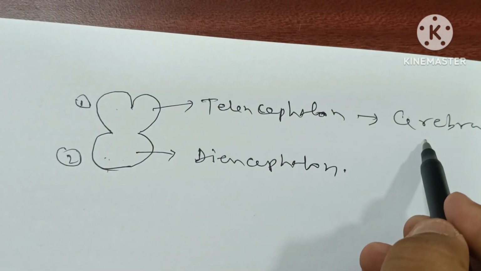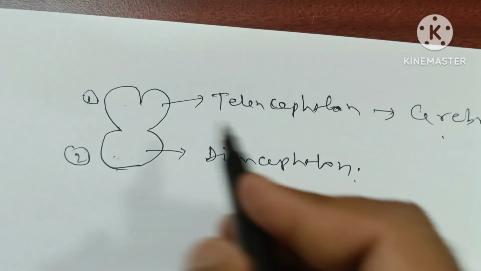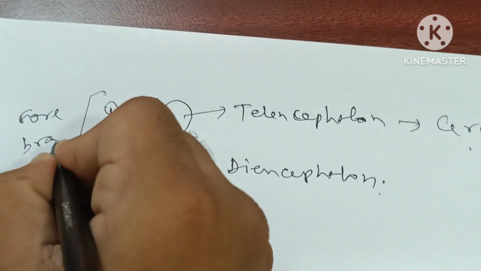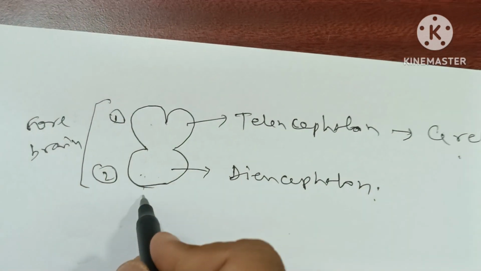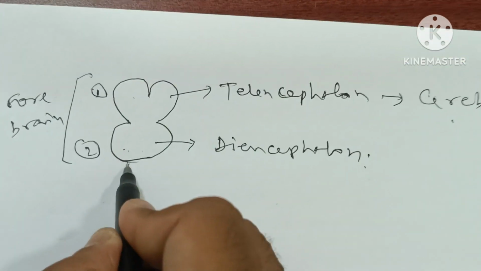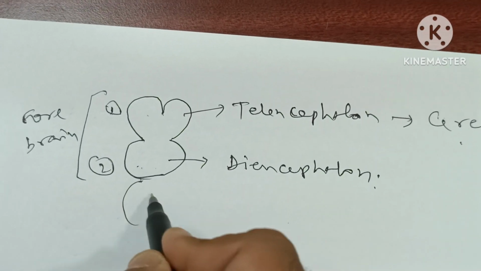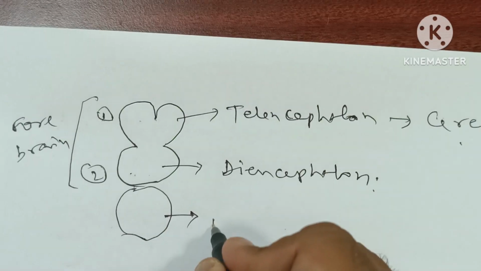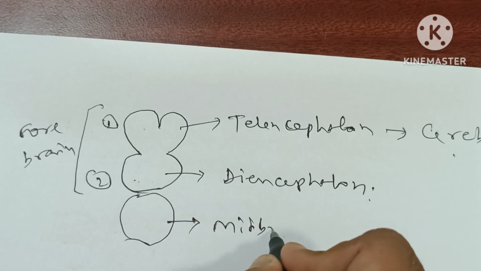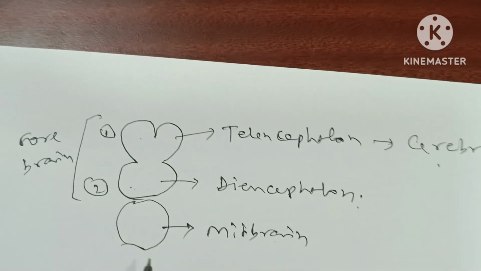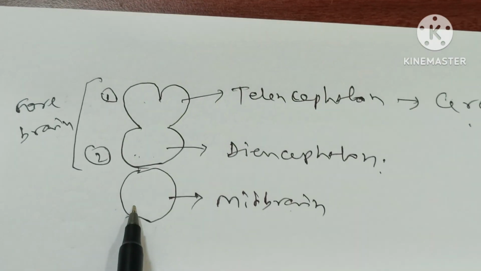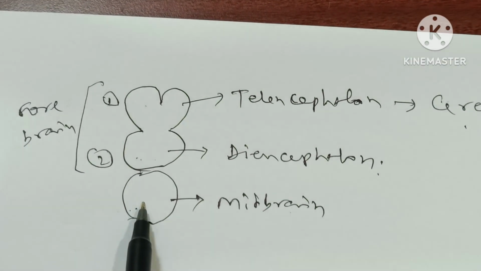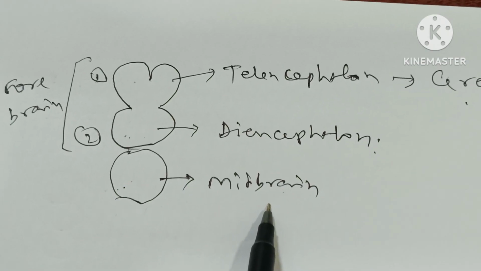This cerebrum and diencephalon together form the forebrain. Now, the next primary brain vesicle, the mesencephalon, remains undivided and develops into the midbrain.